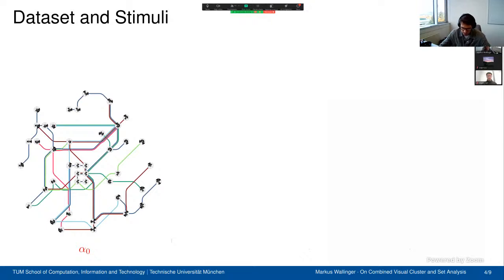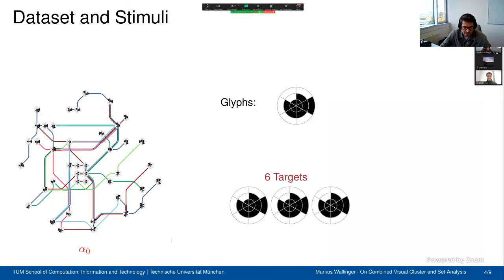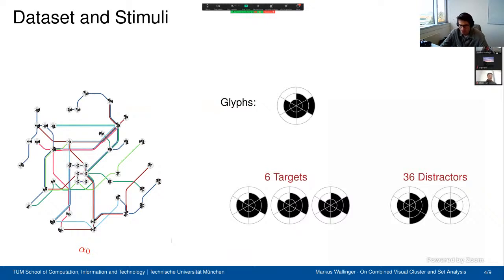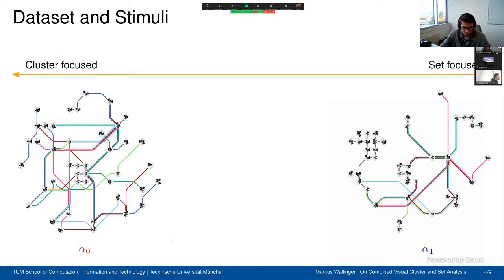So now what we did in the experiment, we used the following data set to generate stimuli. It was a synthetic data set where each data point had 6 attributes that could range from 0 to 3, which gave us those very simple glyphs. Then for the stimuli, we distributed 6 targets, so those were data points that resulted in exactly the same glyphs, and 36 distractors, which were glyphs that were not similar to the glyph we asked in the task.